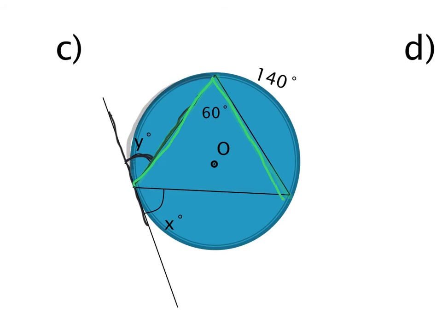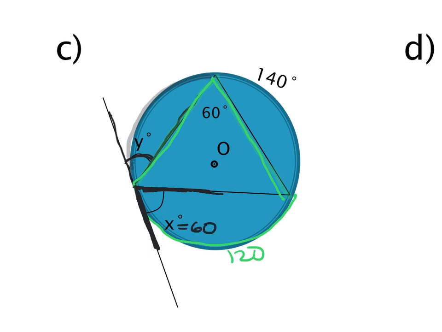So its intercepted arc, which is right here, is 120. So again, the angle formed from the chord and the line tangent will be half of the intercepted arc.